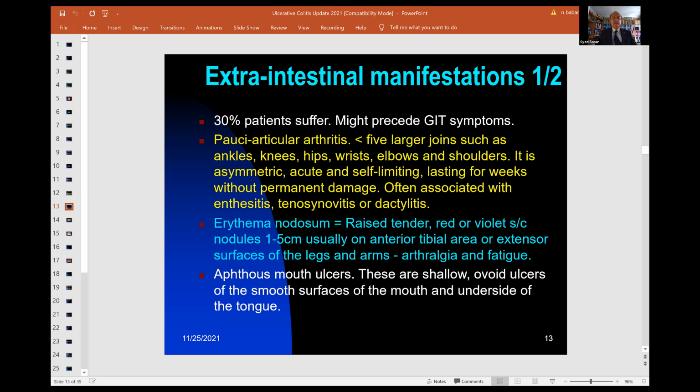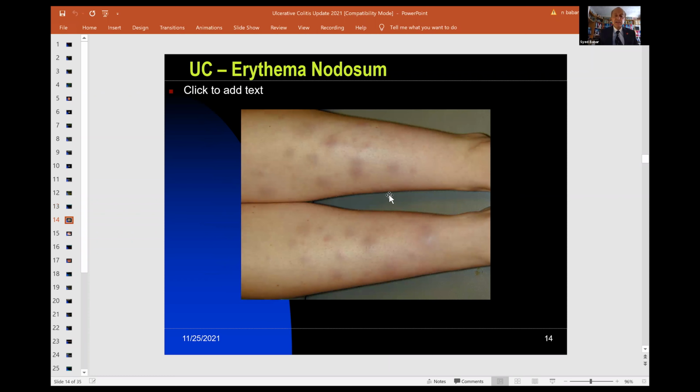Patient can suffer from erythema nodosum, which is not necessarily raised above the surface, and it's more prominent in the extensor aspect of the legs and the arm. There could be mouth ulcers, there could be eye disorders, and one can see erythema nodosum on the anterior or extensor aspect of legs, and these patches are discontinuous and localized.